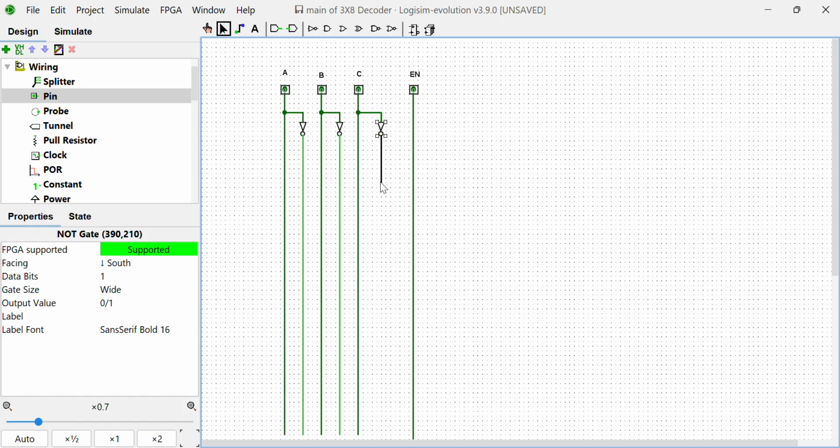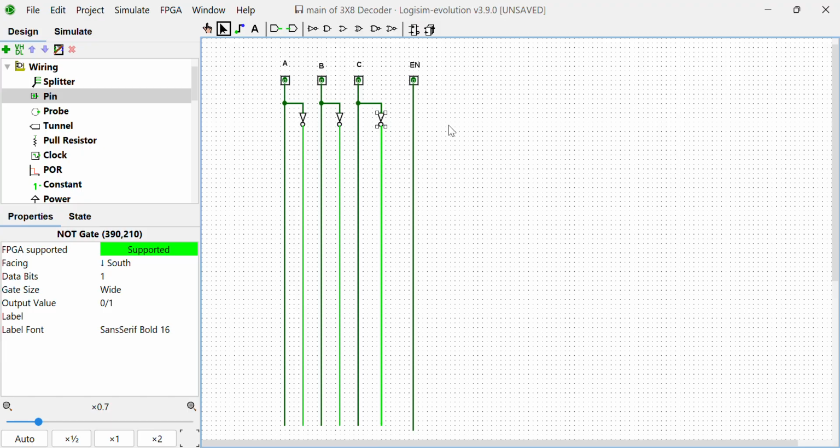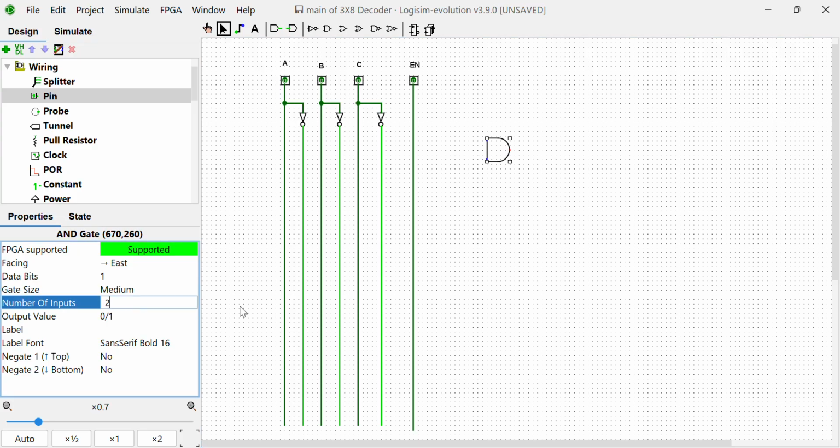So this is our 3 by 8 decoder. That's what we are doing now. So now for the outputs we use the AND gate, and we will use 8 of it because it's 3 by 8 decoder.